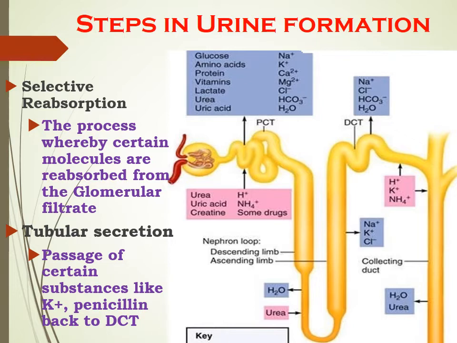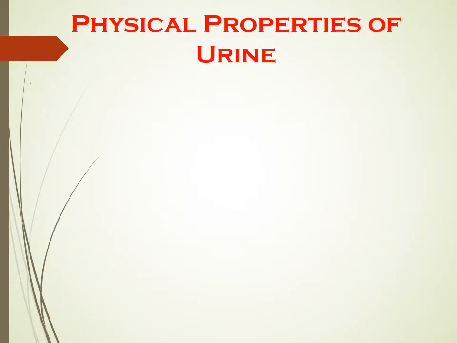Okay, now this final urine will pass into the collecting ducts, then into the pelvis, through the ureter into the urinary bladder. Fine. Now once this urine is formed, it will be stored in the urinary bladder and will be thrown out by a process called micturition. Fine. Let's go ahead. Physical properties of urine.